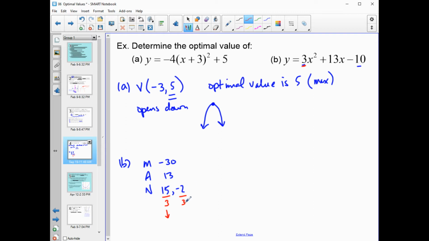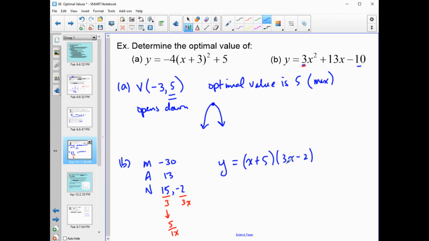So -2/3 is already reduced, but 15/3 is actually the same as 5/1. And then you associate an x value with the denominator and you read from the bottom up. And so in factored form, this becomes x plus 5, reading from the bottom up. And the second factor is 3x minus 2.